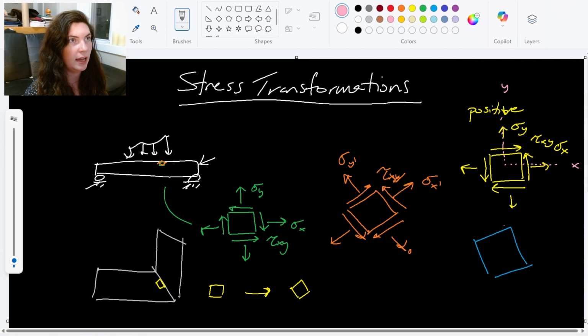We originally had our y and x, but now our new y and x align with our square, right? So this is x prime and y prime once we rotate it, where we're rotating through some angle theta that we're given.